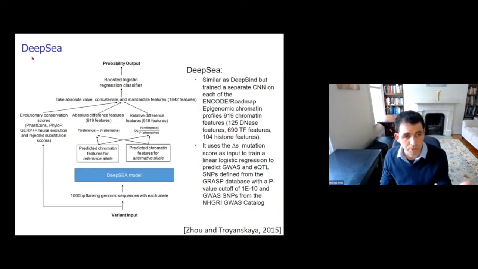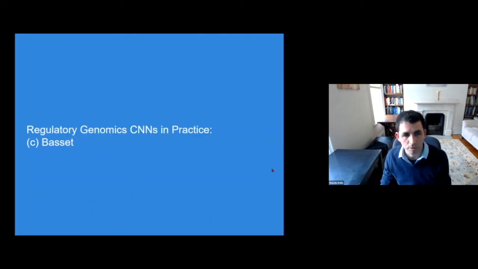DeepSEA was a subsequent model that was trained directly for predicting the impact of regulatory mutations using this impact score, to train directly on GWAS and eQTL, so genome-wide association studies and expression quantitative trait loci that you guys have heard about before.